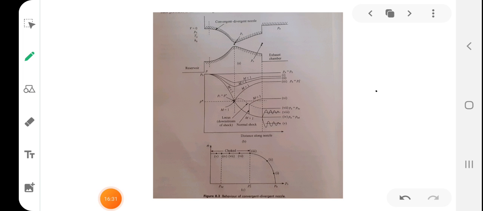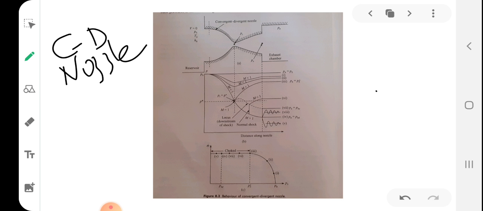Now we will move to the convergent divergent nozzle. In the previous case we studied the convergent nozzle. Now we are going to learn the behavior of a convergent divergent nozzle with respect to the back pressure.